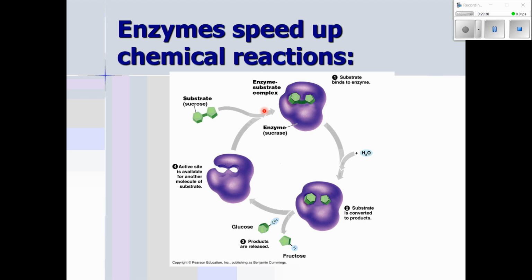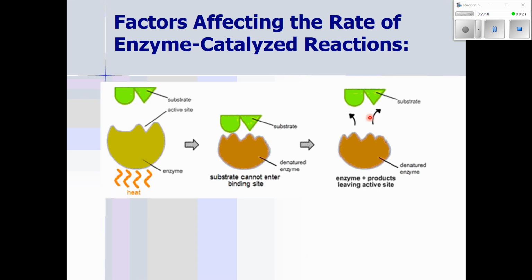Now, there are a number of factors that can speed up this process even more, and there are factors that can slow it down. So let's talk about some of these factors that affect the rate or speed of enzyme catalyzed reactions.